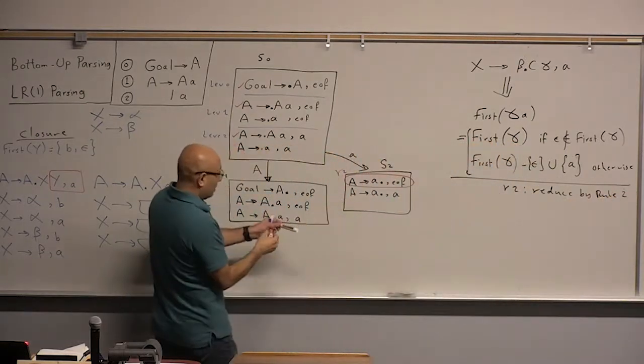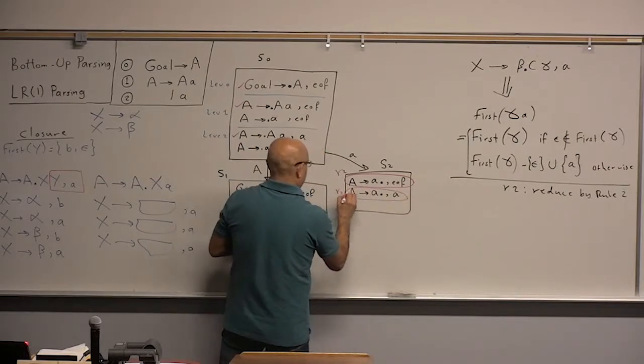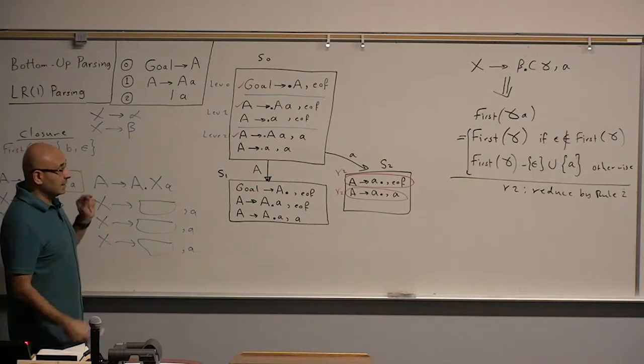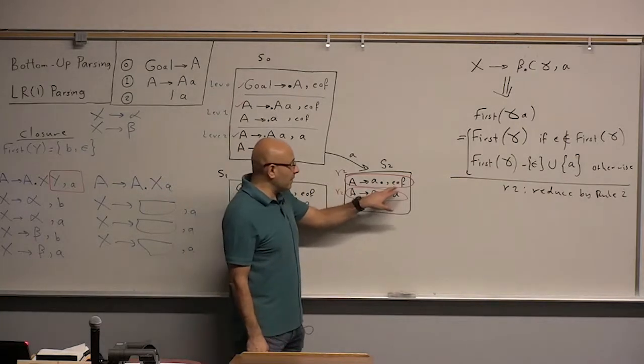And this is also another reduction by the same rule. So what does this tell us? It tells us that this reduction is valid if the look ahead is either end of file or A.